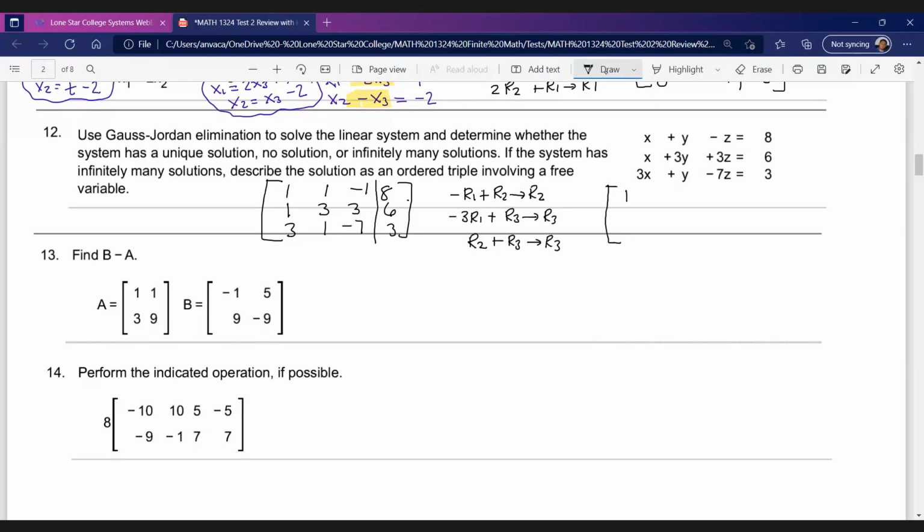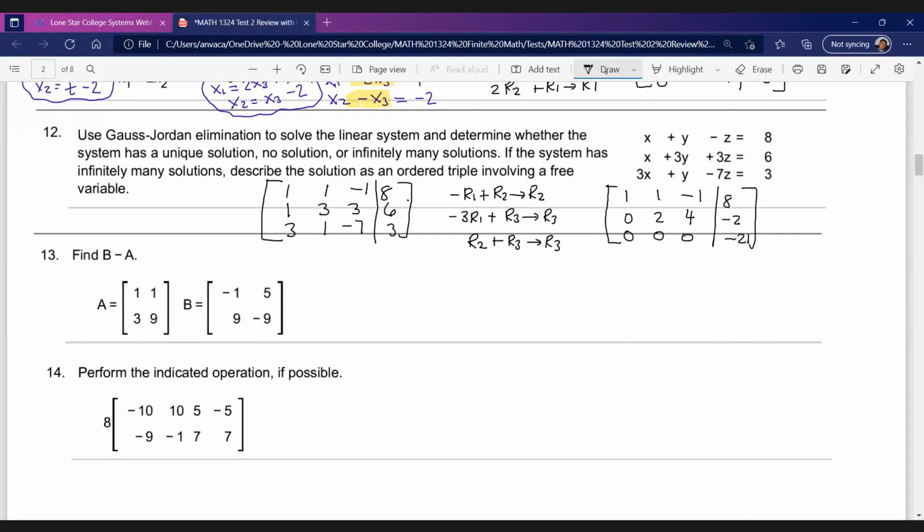1, 1, negative 1, 8, 0, 2, 4, negative 2. And then check the last line out. 0, 0, 0, negative 21. So what happened is that in this case, actually, it doesn't matter what these numbers are.